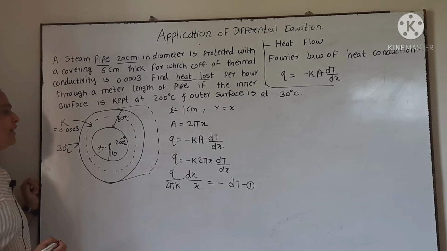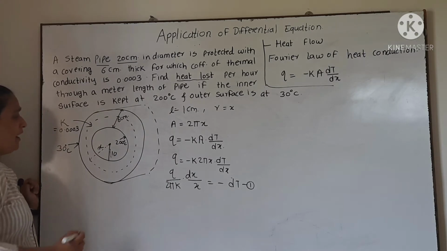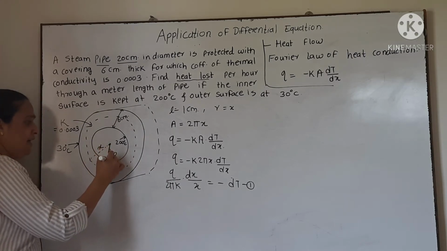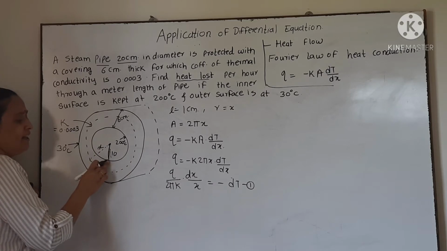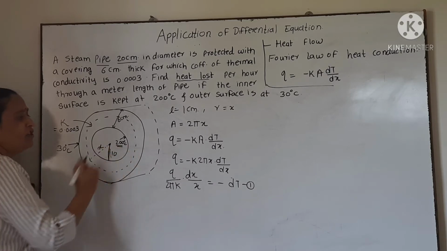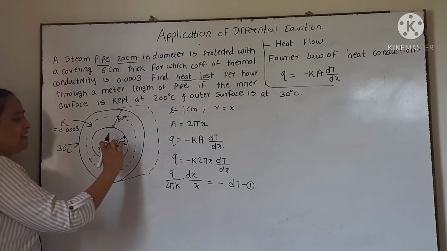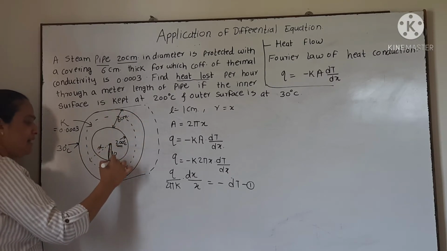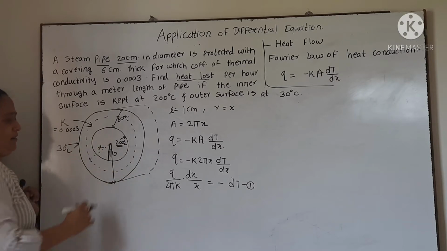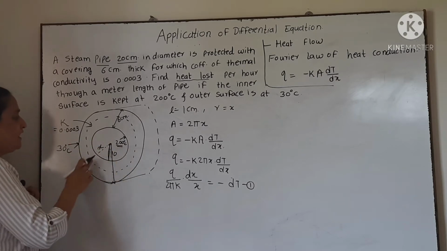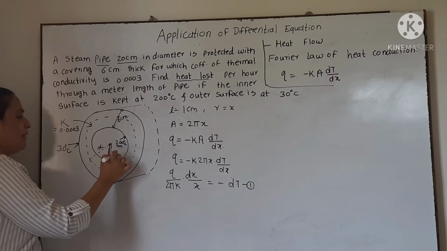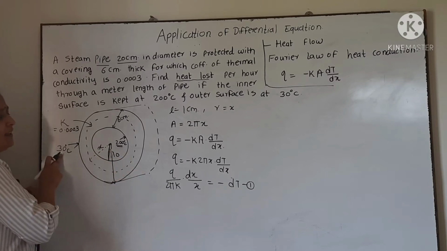Now we will use the definite integral. When the radius is 10 centimeter, the temperature is 200 degrees Celsius, and when the radius is 10 plus 6, that means at this outer surface the radius will be equal to 16 centimeter, where the temperature is 30 degrees Celsius.